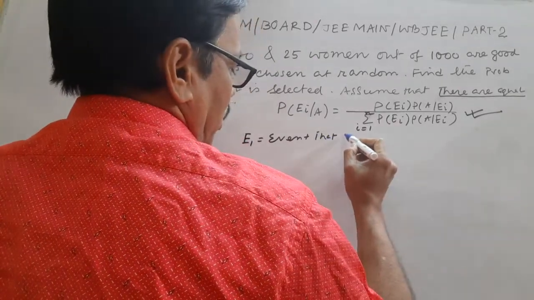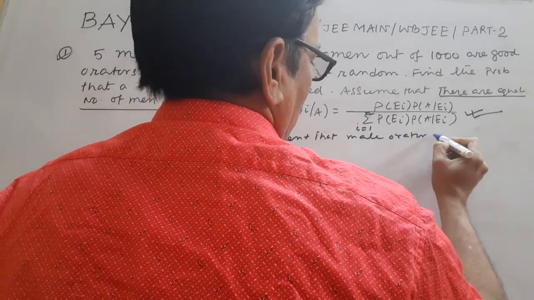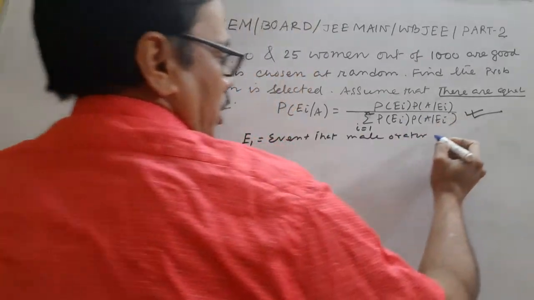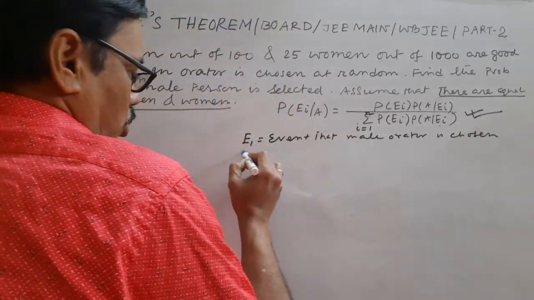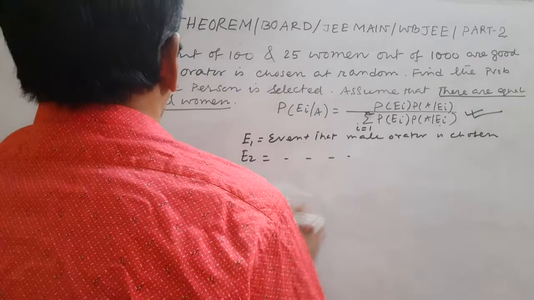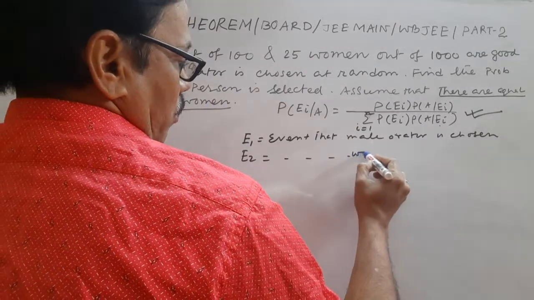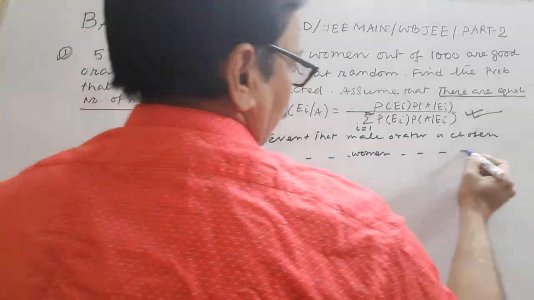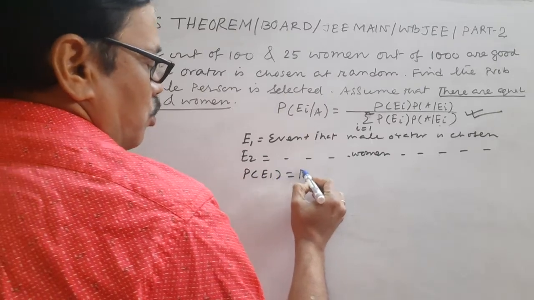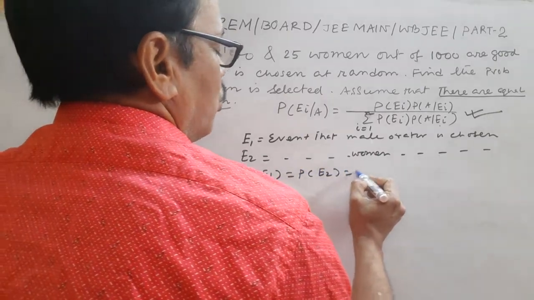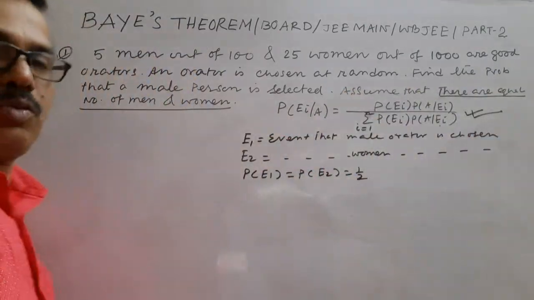E1 equals the event that a male orator is chosen, E2 equals the event that a woman is chosen. So, P(E1) equals P(E2) equals 1 by 2 because there are equal numbers of men and women.